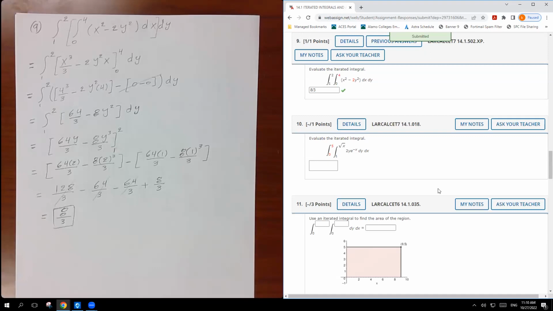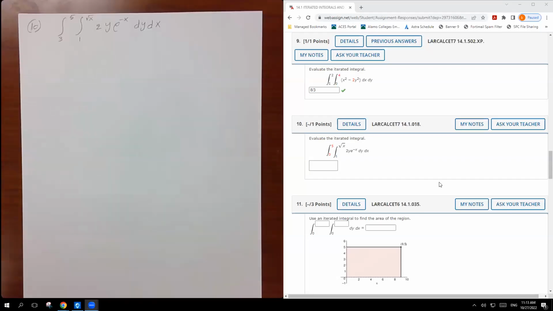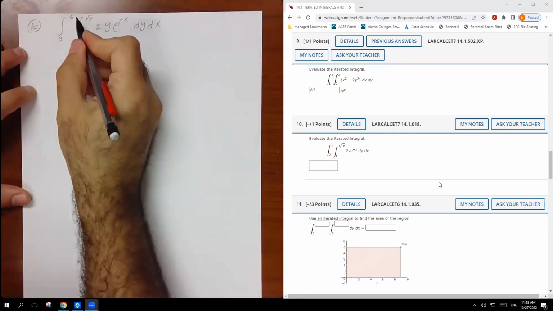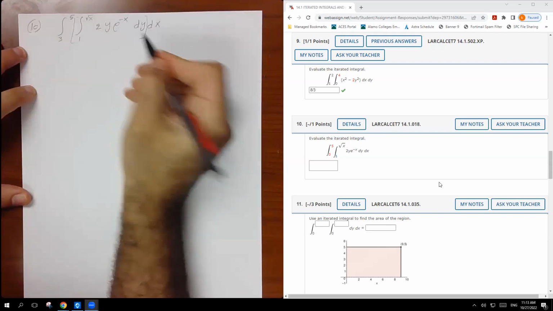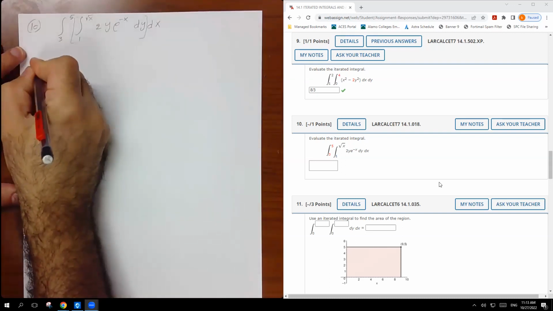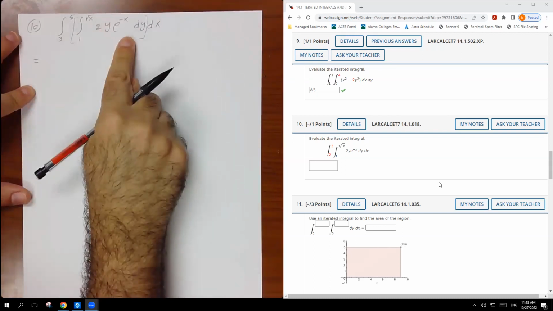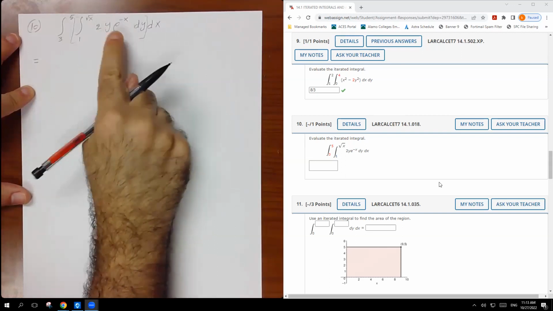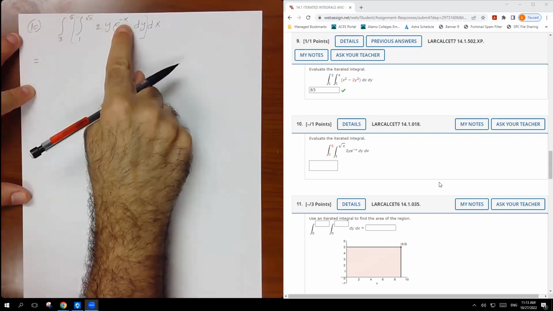Let's check how we're going to work with this example, example 10. The first thing, we're going to do the integral with respect to the y. So this one is going to be equal to the integral with respect to y, and e to the negative x is a constant.